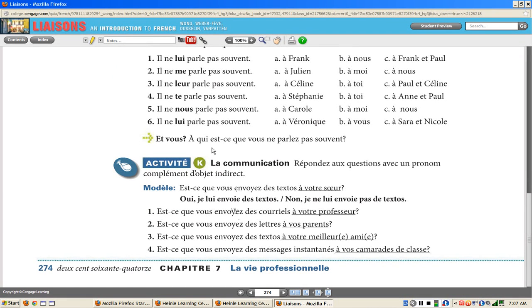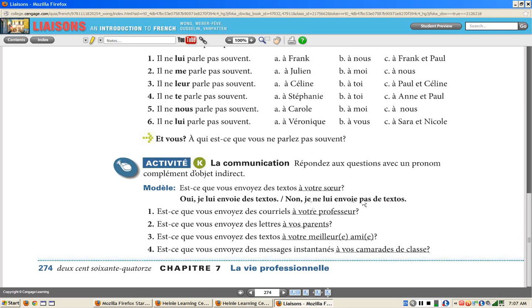Work is more and more a place where la communication et la télécommunication is essential. So, est-ce que vous envoyez des textos à votre sœur, ou est-ce que vous envoyez des textos à votre collègue? Oui, je lui envoie des textos, ou non, je ne lui envoie pas de textos.